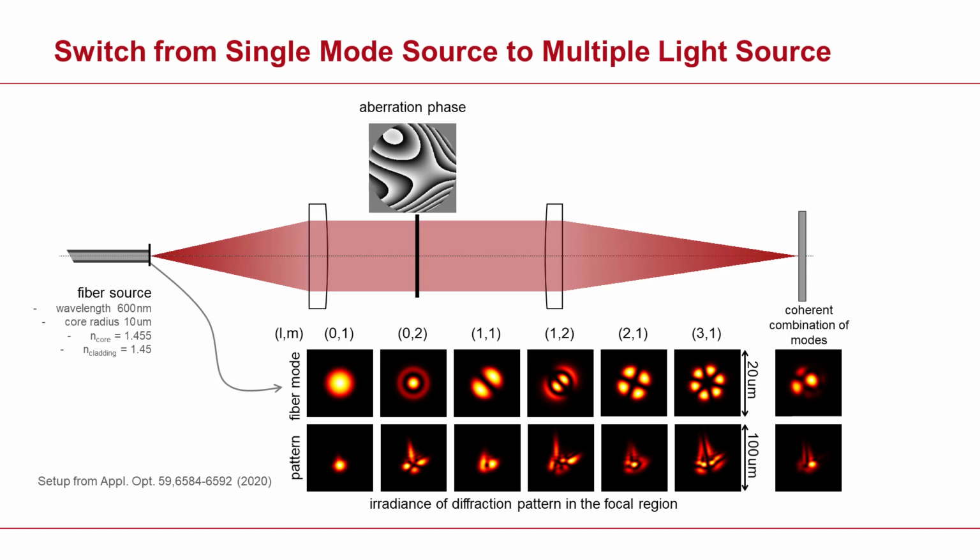At the top we have that combination at the exit of the fibre, that would be the input plane of our system, and at the bottom we have the final result, what the focal spot would look like, including all the modes that are being generated by that fibre, and with those superimposed aberrations on top. So all these results are generated with VirtualLab Fusion. Let's maybe take a brief look at how things go there.